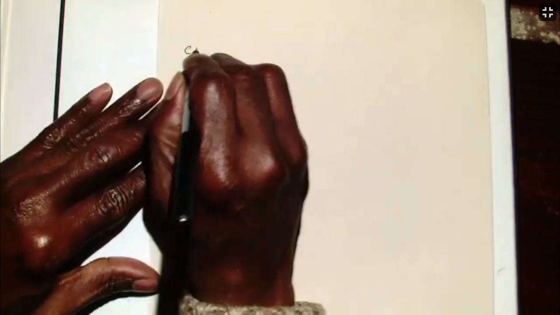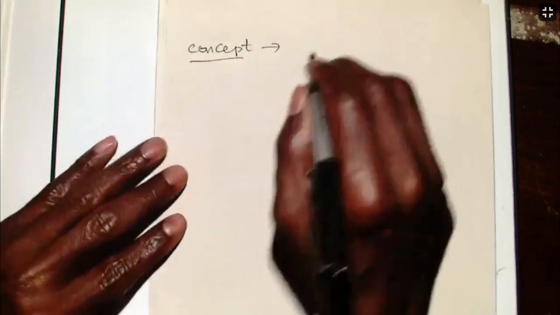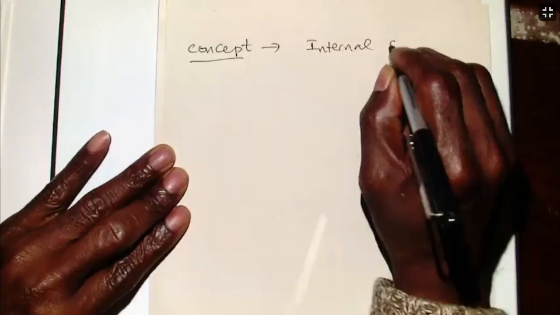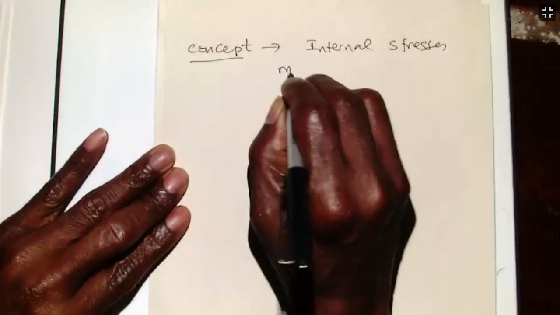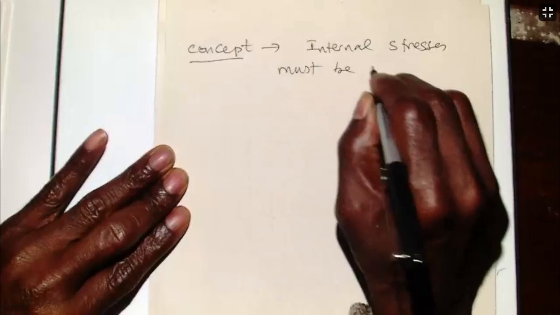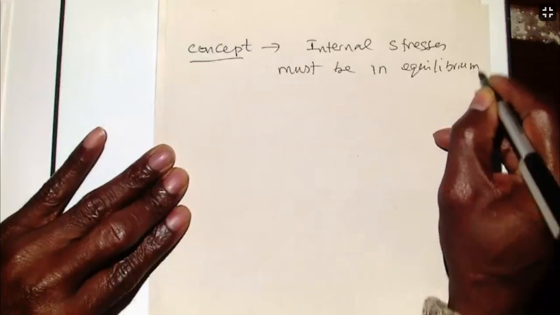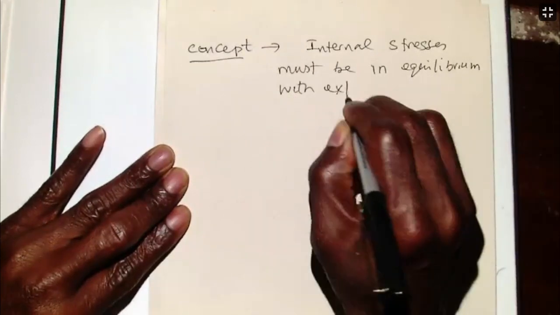So one concept which we went through, which I want to explain again, because I'm not sure we all got it last week, and we'll be doing it again and again, and also in your courses next year, is that all internal stresses must be in equilibrium with the externally applied load.